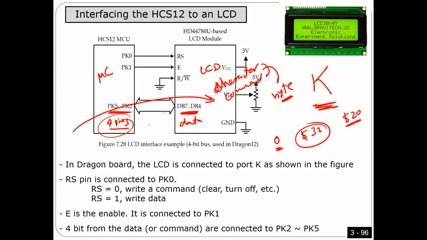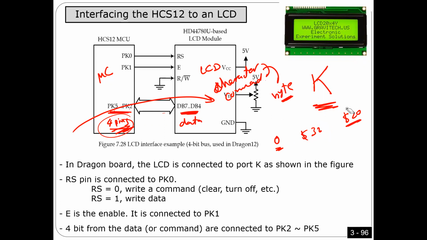these pins here. Okay, but wait a second, something is confusing me here. You are telling me only four pins, and you told me every character is 8 bits. So how can I send 8 bits through 4 pins? That's a good question. I'm going to tell you the way you have to do it, guys.